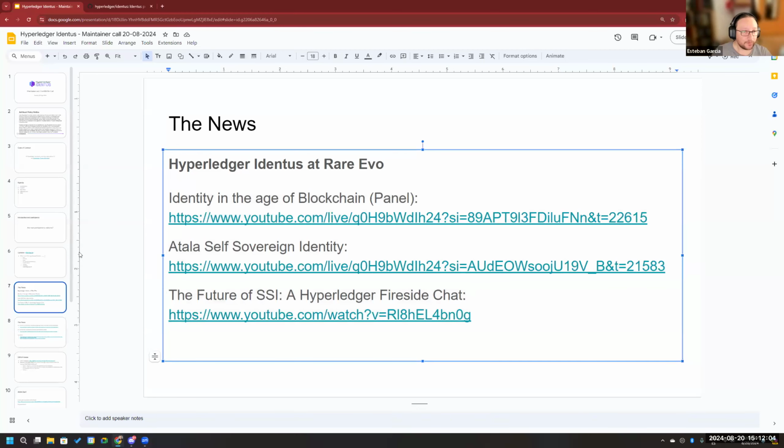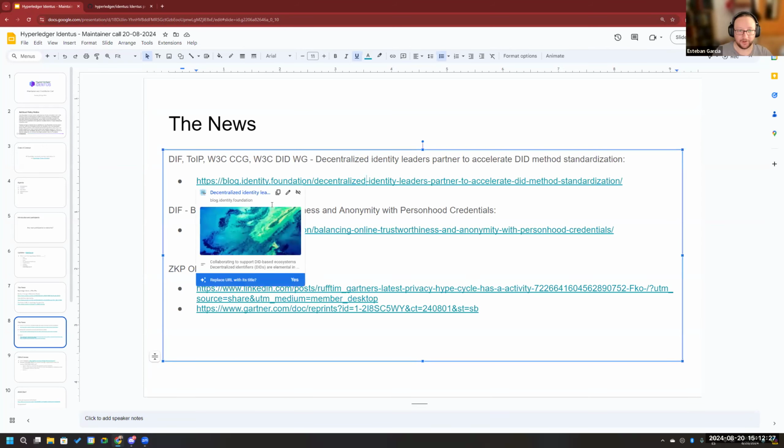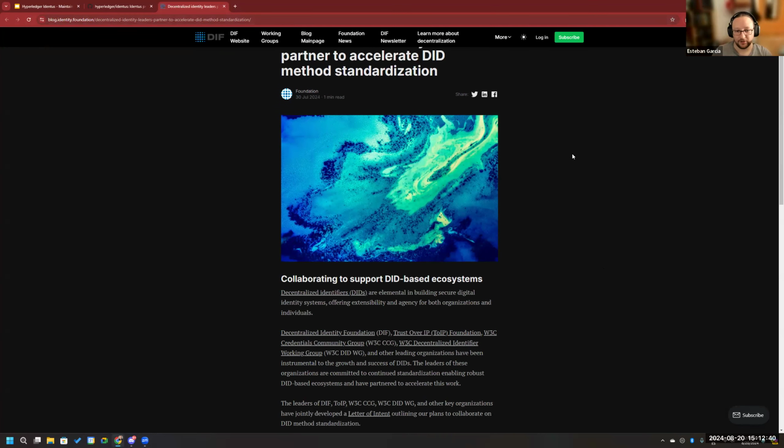Let's see what else. These are some topics that I have seen in the last weeks related to SSI that I think are interesting to share with our community for awareness' sake. One of them is that there is an effort currently ongoing to improve the standardization of the DID methods. I will put the link of the article in the chat as well.